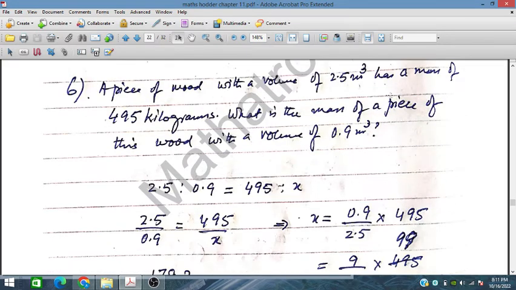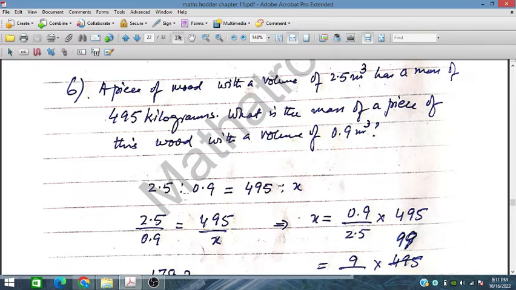A piece of wood with a volume of 2.5 meters cube has a mass of 495 kilograms. What is the mass of a piece of this wood with a volume of 0.9 meter cube? So volume is decreasing, so the mass would also decrease because it is the same object. 2.5 to 0.9 ratio, 495 to x ratio.